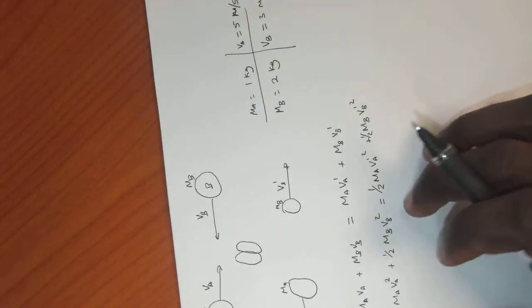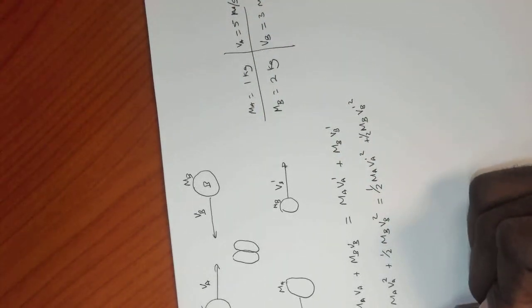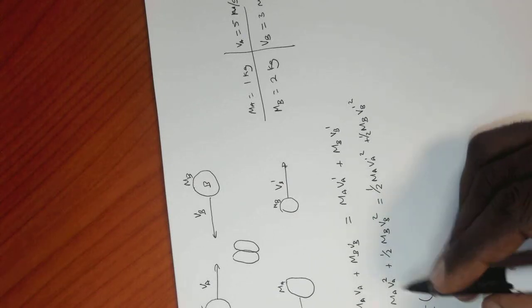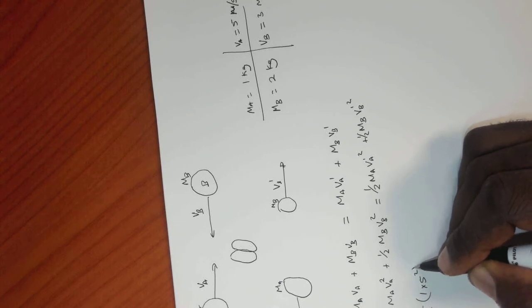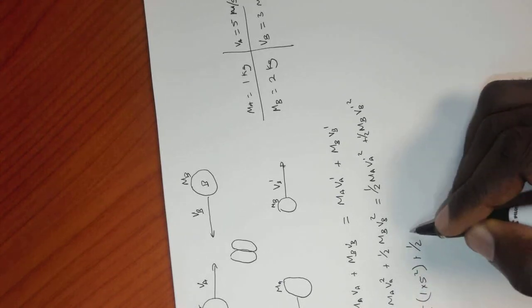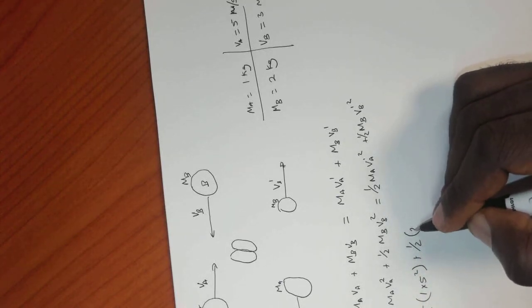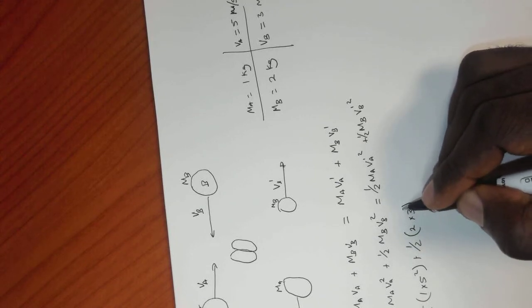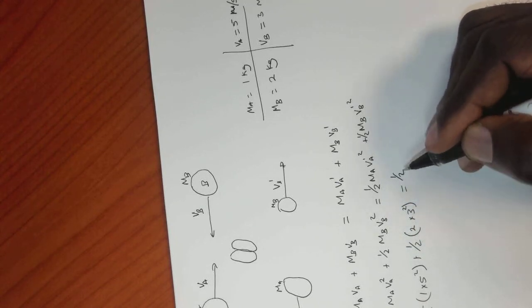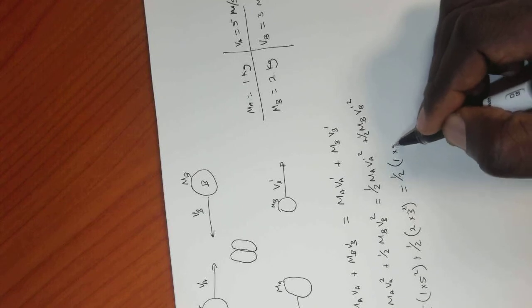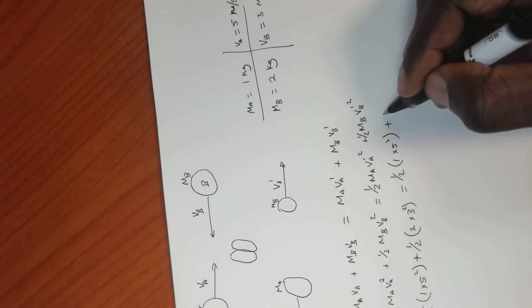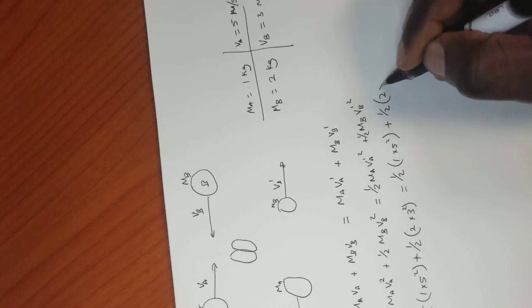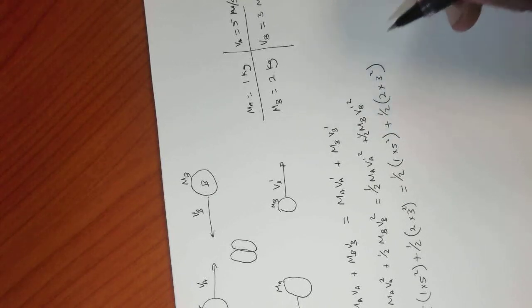So you can substitute the values here. It's half of 1 multiplied by 5 squared plus half of 2 multiplied by 3 squared, which also equals half of 1 multiplied by 5 squared plus half of 2 multiplied by 3 squared.